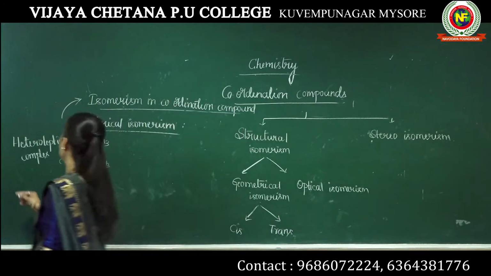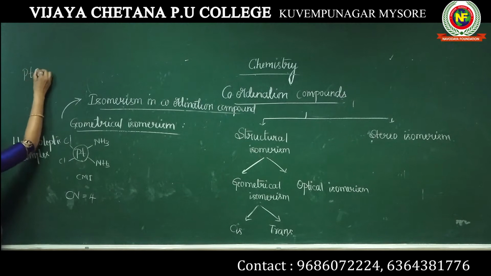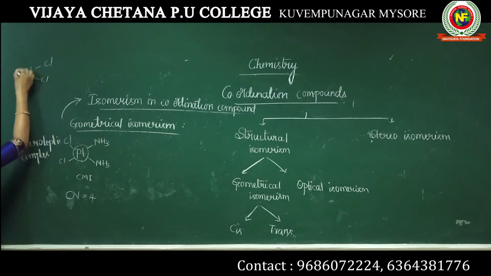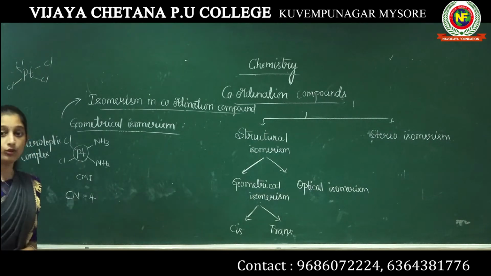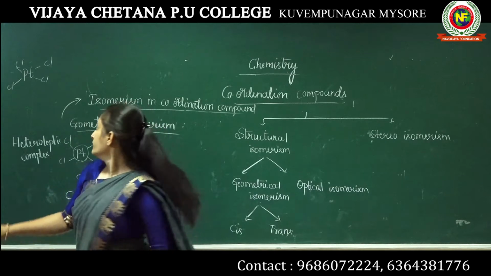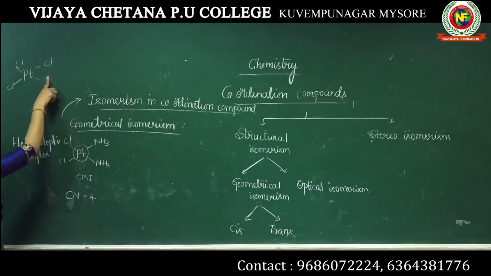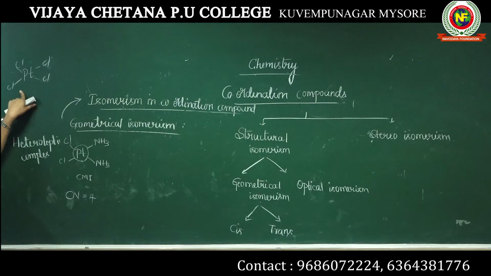Why? See, platinum with Cl, Cl, Cl, Cl. In all the cases, only chloride is there. Now I am going to change this chlorine from here to here. Any difference you will observe? Nothing, no difference.